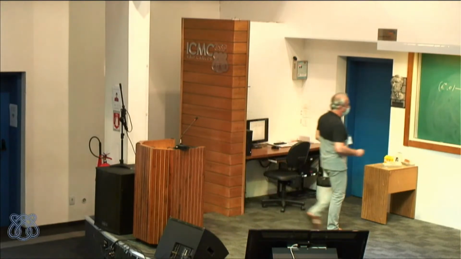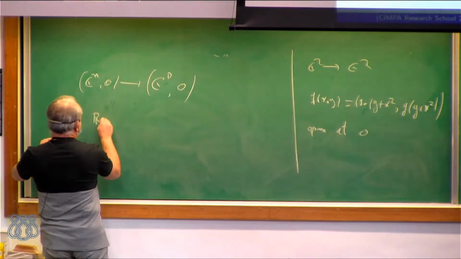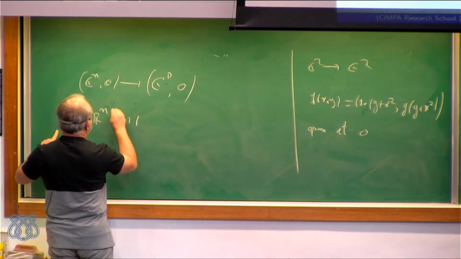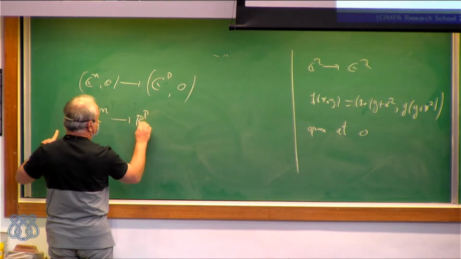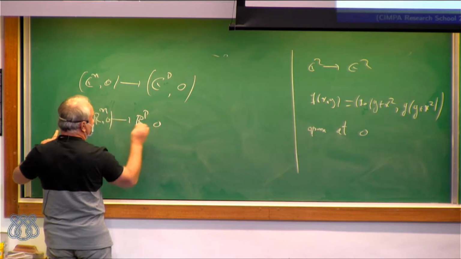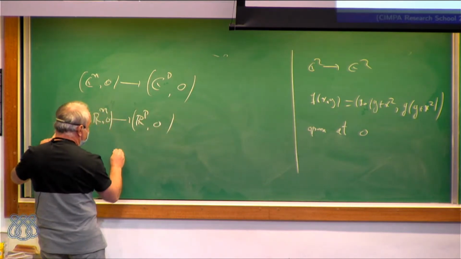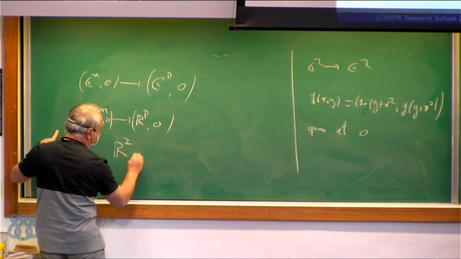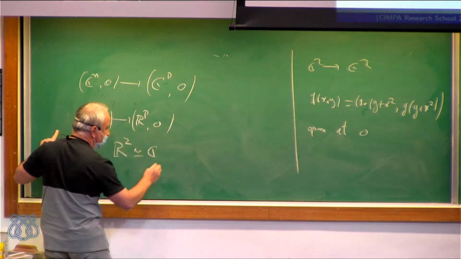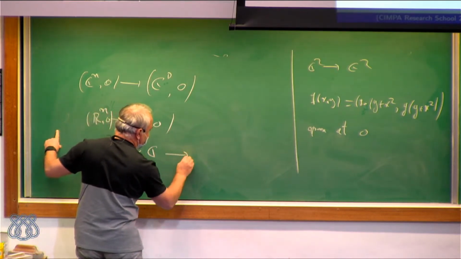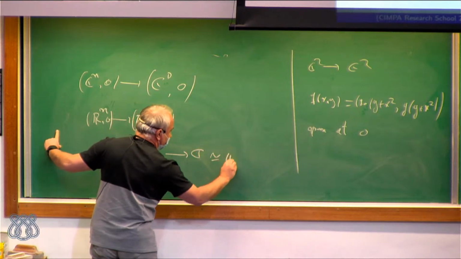But for maps from R^n to R^p, this is not true anymore. And you can look, for example, at R^2, which is the same thing as C. We've already seen C, which is R^2.